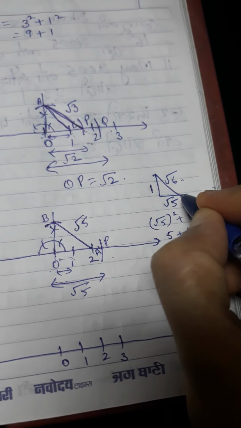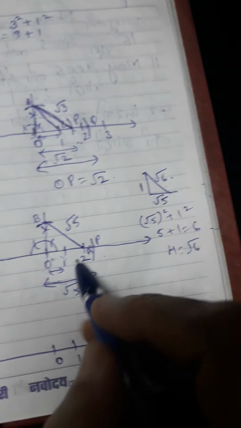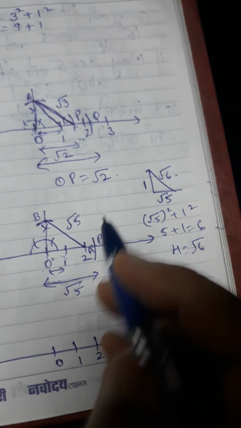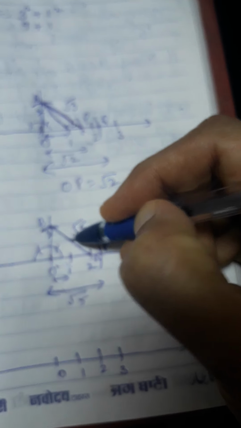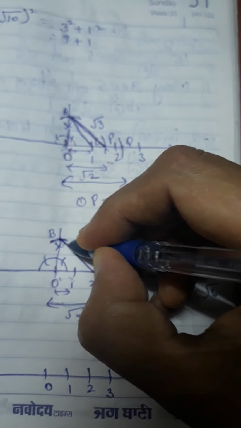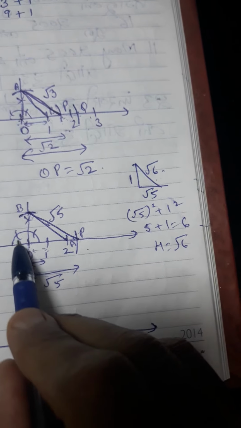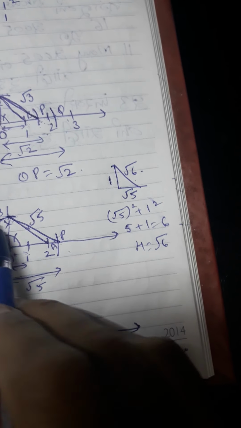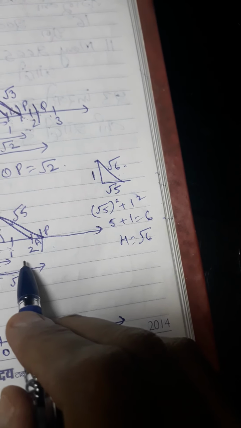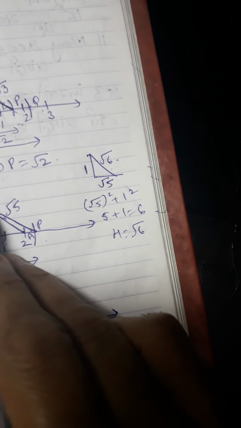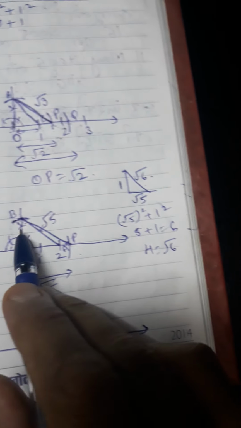Then this will be under root 6 by Pythagoras theorem. So that means again, if I join B and P, what I get, this side is under root 5, this is 1, and so BP gives you under root 6.